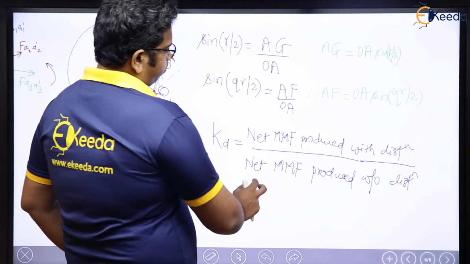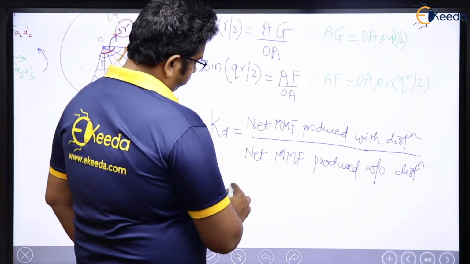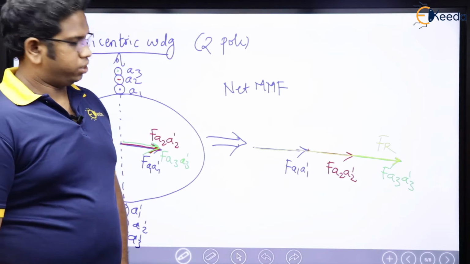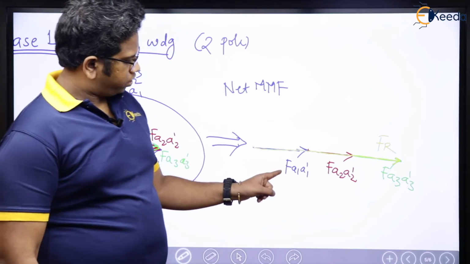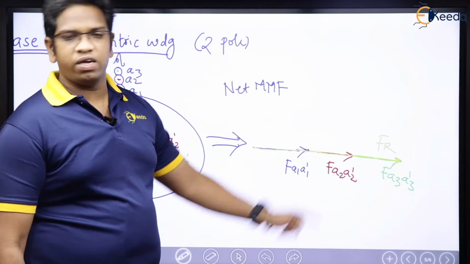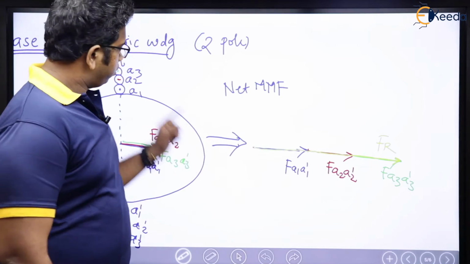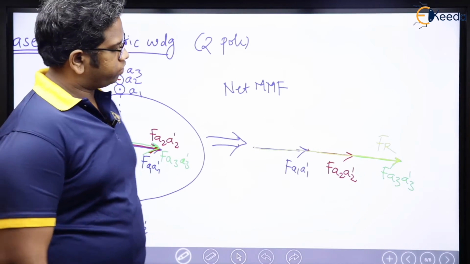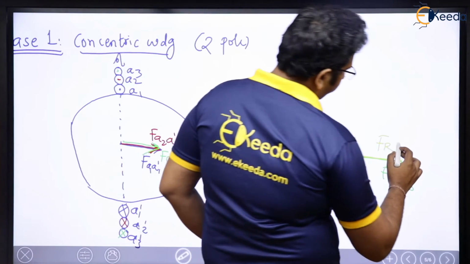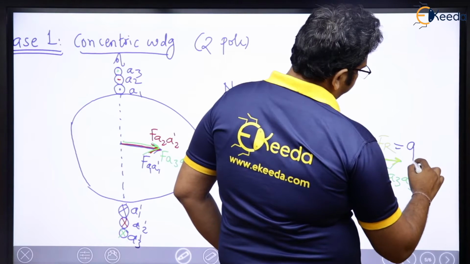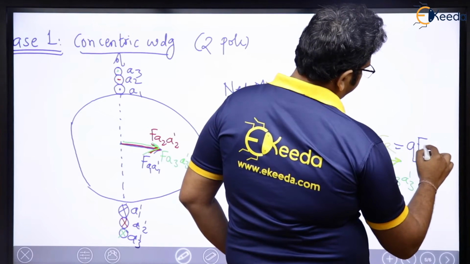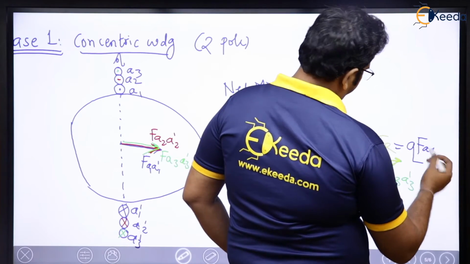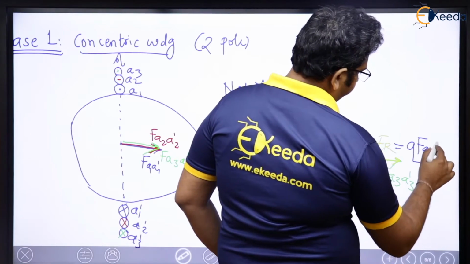So if you think of what is the net MMF produced without distribution, see here, this is going to be FA1 A1 dash, FA2 A2 dash, FA3 A3 dash. This is what it is without distribution. So without distribution, net FR is going to be Q times FA1 A1 dash.